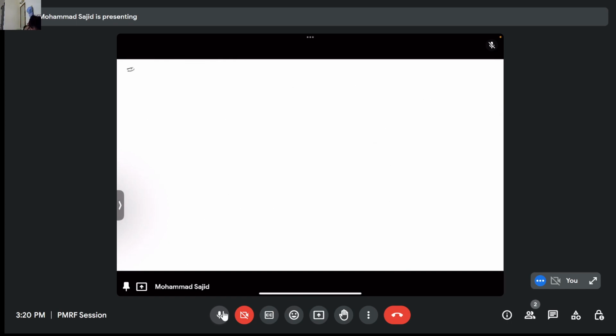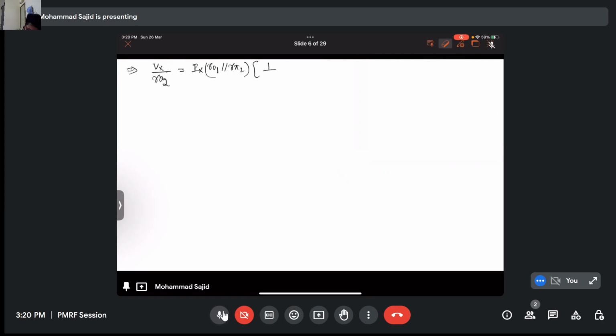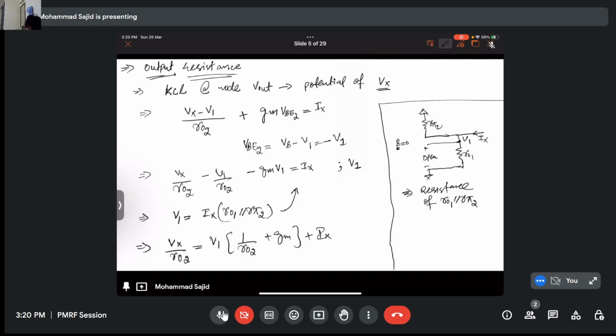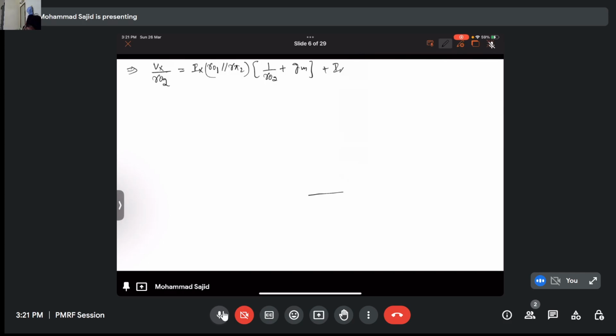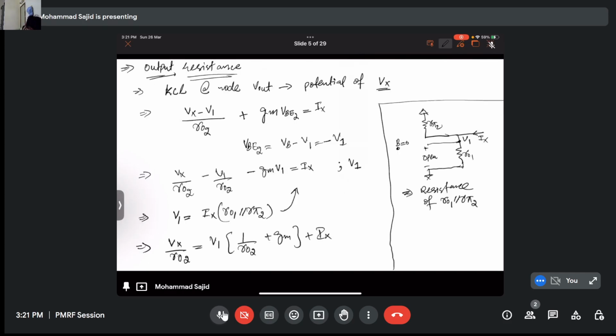Okay, so Vx by RO2 is equivalent to Ix RO1 parallel R pi 2 times (1 by RO2 plus Gm), plus Ix. Okay, this Gm is Gm2.